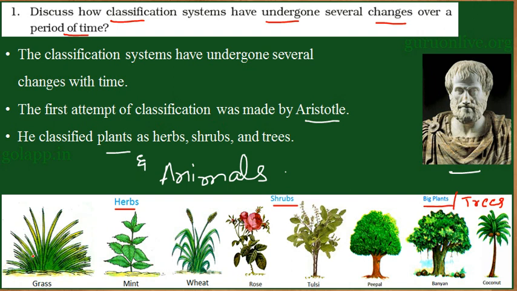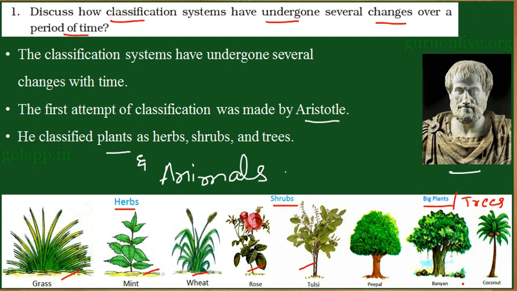All small plants which grow above the ground surface are called herbs. They include grass, mint, methi, coriander, all those things. Similarly, plants of medium height, which grow in bushes like rose, tulsi, wheat, were called shrubs.